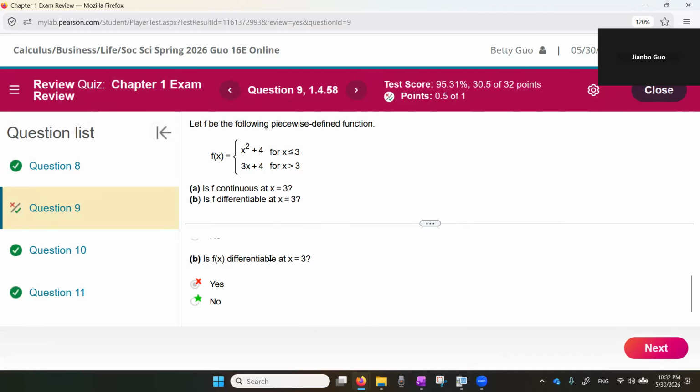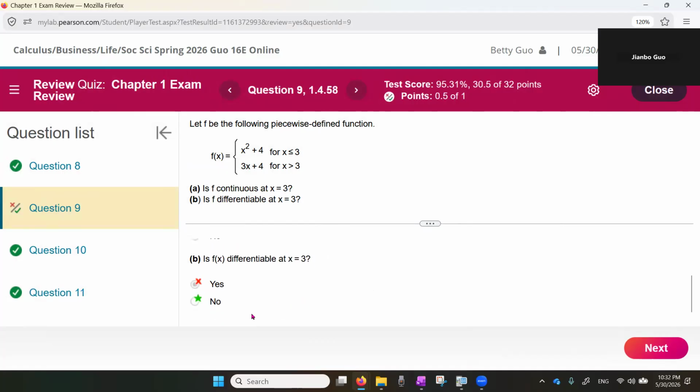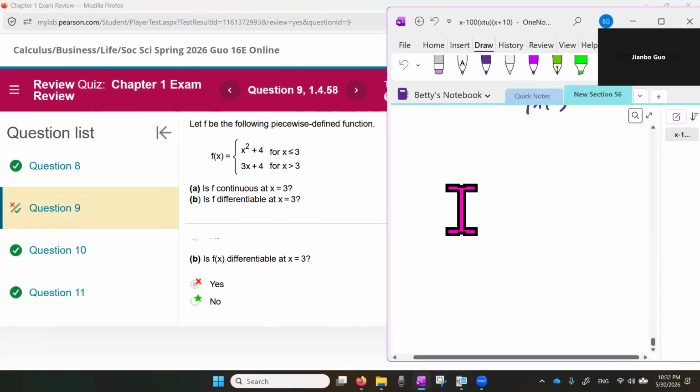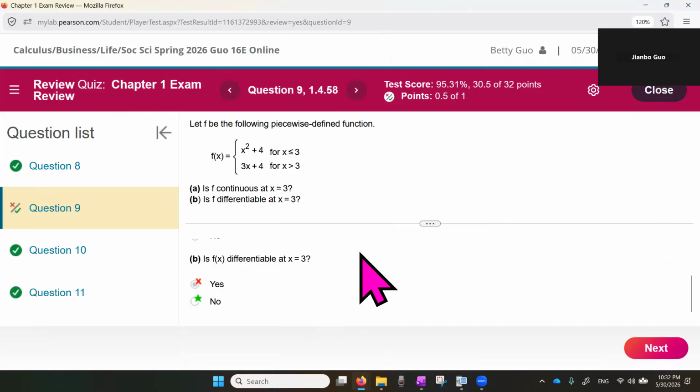I mentioned this is not differentiable, right? I said this is continuous, but not differentiable. It's not differentiable because it's something like a cusp, a curve and a straight line, something like that. I think I just clicked on the wrong answer. So be very, very careful. Do not make a mistake like that.